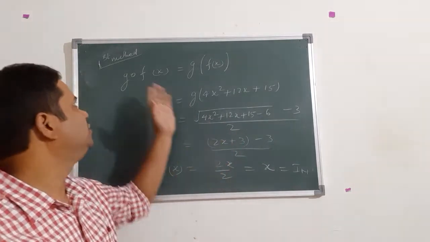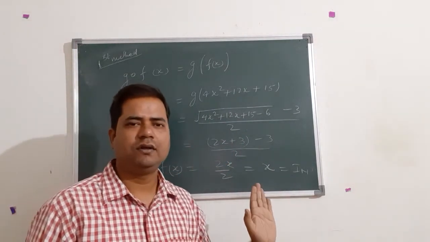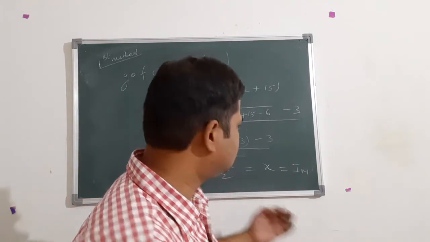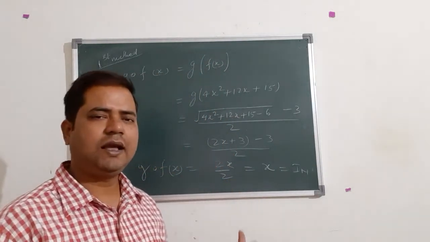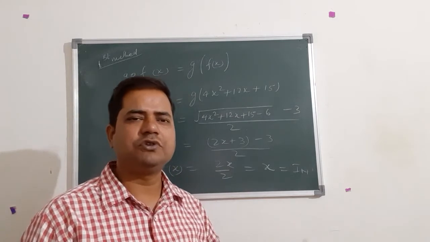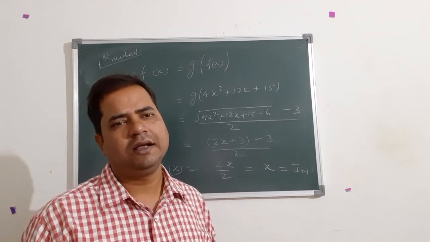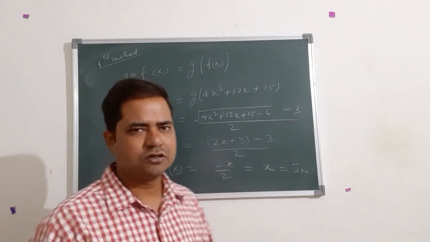Similarly, we can find g∘f. Then f∘g(x) = x and g∘f(y) = y. That's why this is an invertible function. So note it down first.